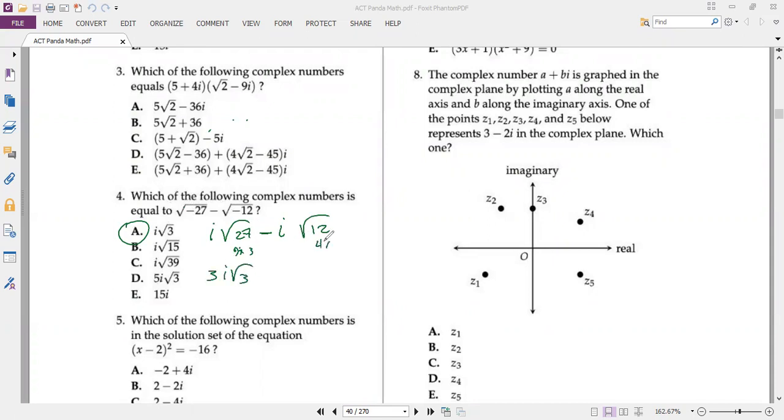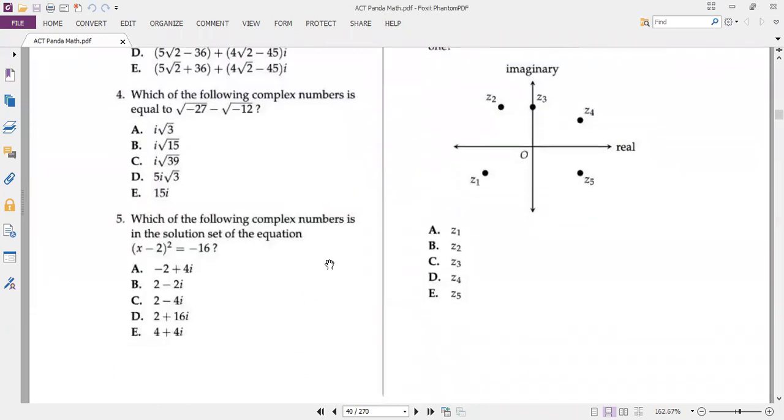Also 4 times 3, so that should be 2i root 3. 3 minus 2, like terms. 3 minus 2 is 1i root 3. We don't write 1i root 3, we just write i root 3. So both ways are very easy and very short as well.